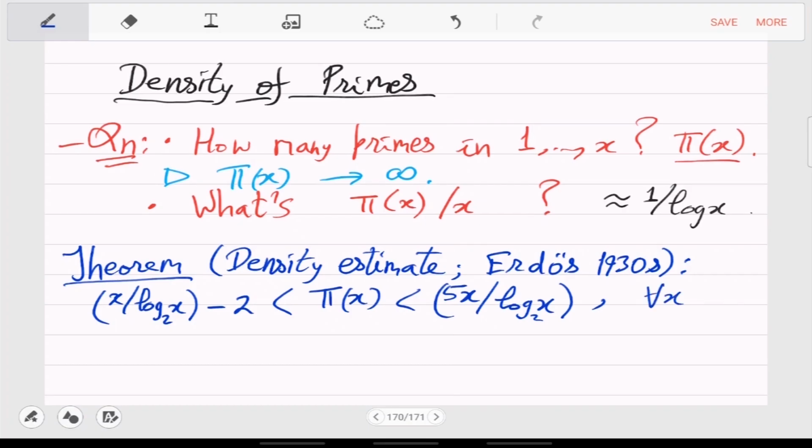For all x greater than or equal to 5. Okay, so we'll see a quite elementary proof that the number of primes between 1 and x is between x by log x and 5x by log x.